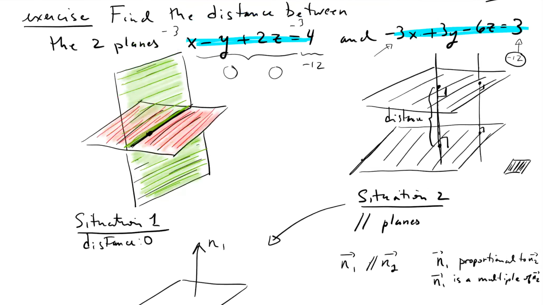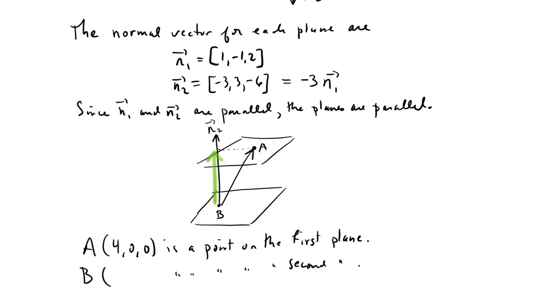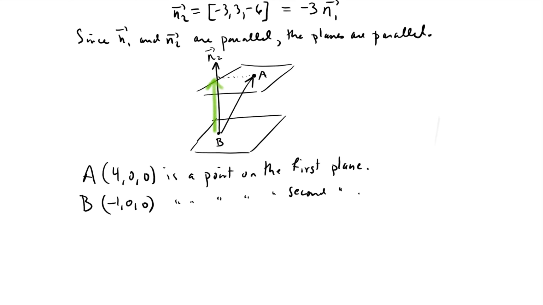Oh, sorry, not quite. If I replace by 0, I get minus 6z is 3, so z would actually be a fraction. I don't like fractions, so it would work, but make our life a bit harder. So instead I will replace y by 0 and z by 0, and then minus 3x is 3, so x is minus 1. So minus 1, 0, 0. That I like better. I always like to work with integers. It's a lot easier, so I recommend that you do the same.